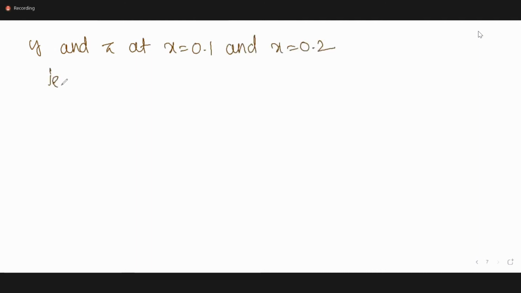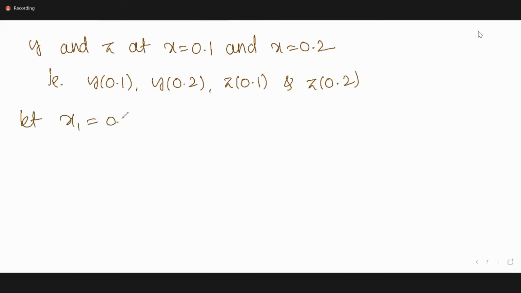That is y of 0.1, y of 0.2, z of 0.1 and z of 0.2. So let x1 is equal to 0.1 and x2 is equal to 0.2, such that h is equal to 0.1.